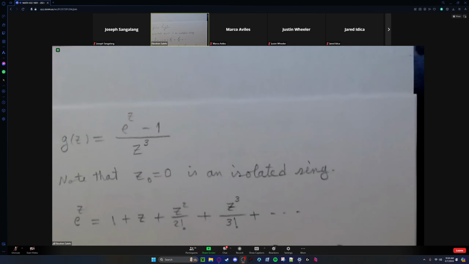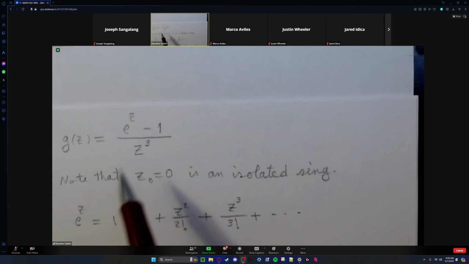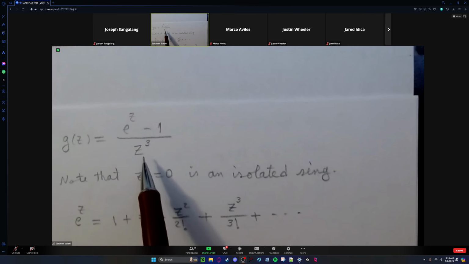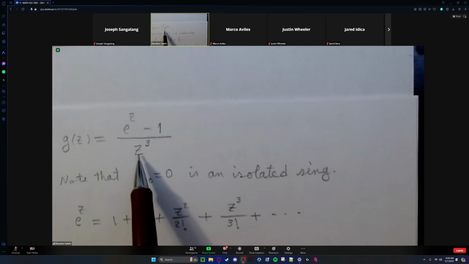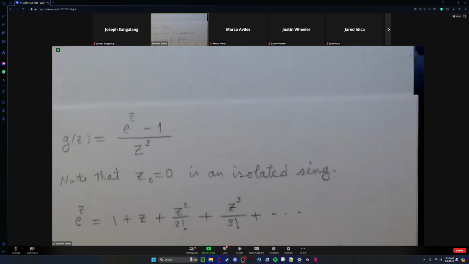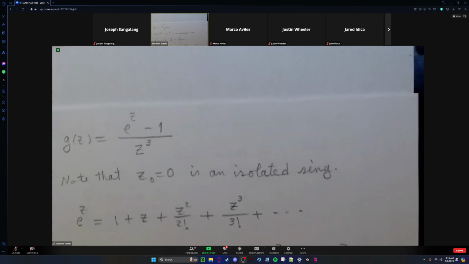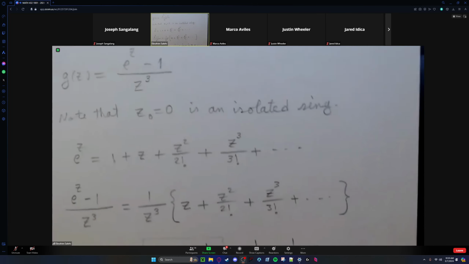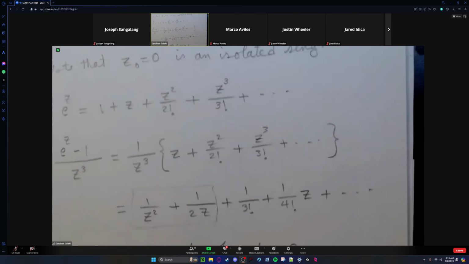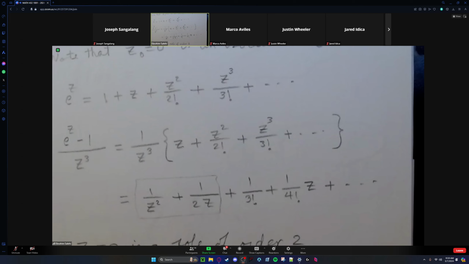You don't make a judgment just by looking at the function. Right here, it looks like we have z cubed in the denominator, and you might mistakenly say it is a pole of order 3. But no, you have to write the Laurent series expansion and look at the principal part. It's a pole of order 2.